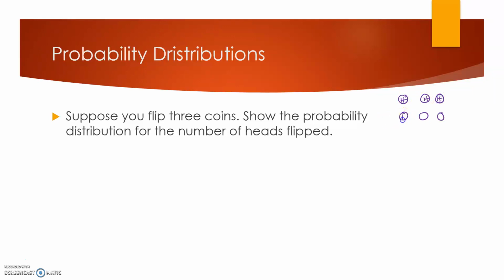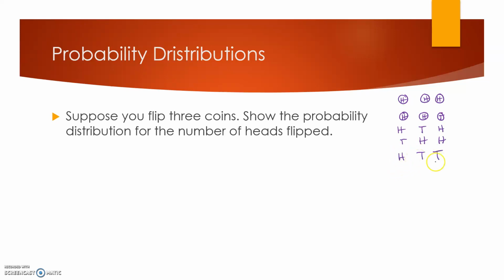The next time I could get 2 heads and then a tail on this one, but I could also get heads, tails, heads. I could get tails, heads, heads. So I could get 2 heads, but there's 3 different possible combinations of which coin turns up tails. And kind of the same thing follows. If I then say, okay, what if only one of them comes up heads and the other 2 tails?